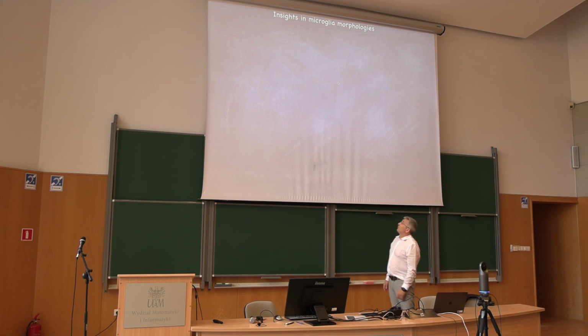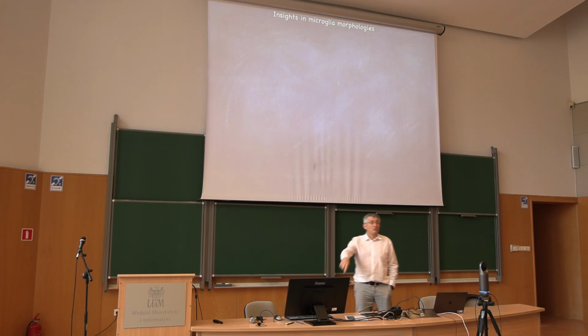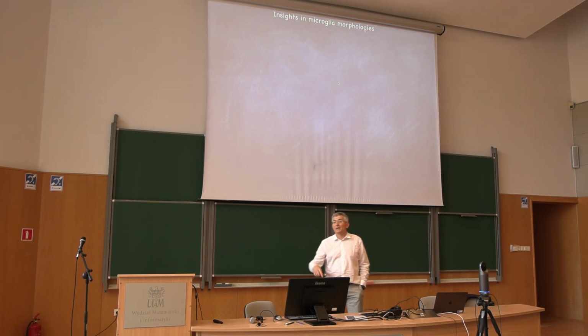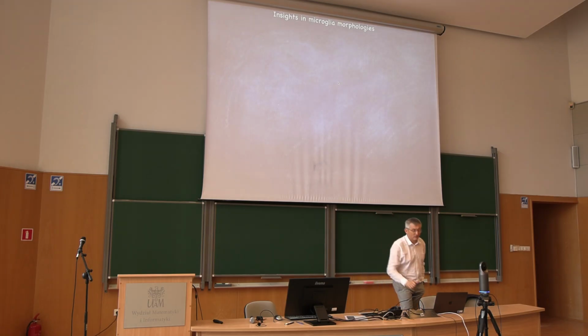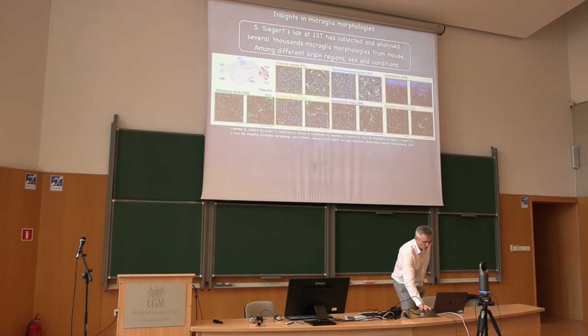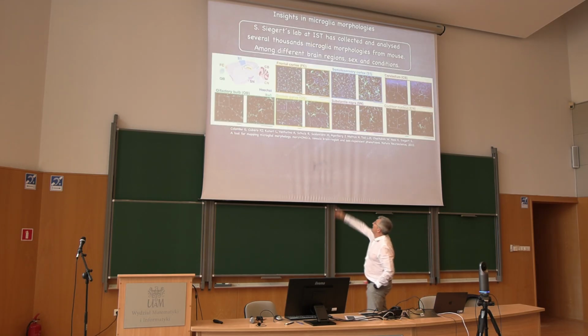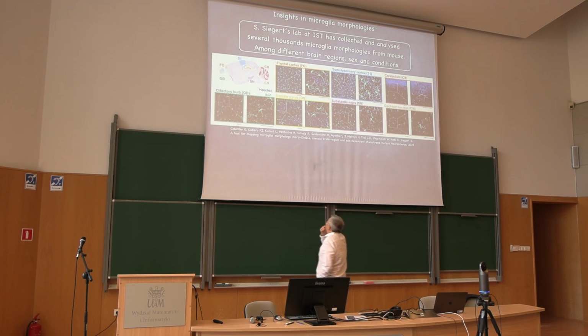Here's another example of the things we've done: insight into microglia morphologies. Jens Agerberg, who gave a poster and 10-minute presentation, talked in much more detail about this data set. We are collaborating with Sandra Siegert's group at IST in Austria, and she collects a lot of morphologies of microglia cells.